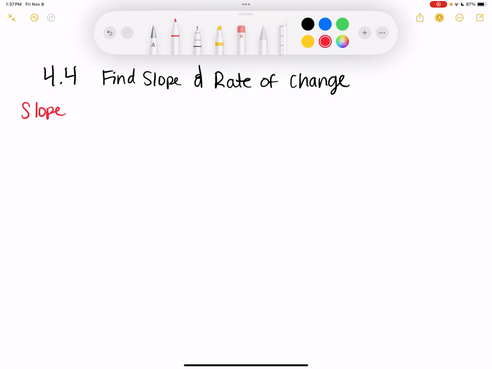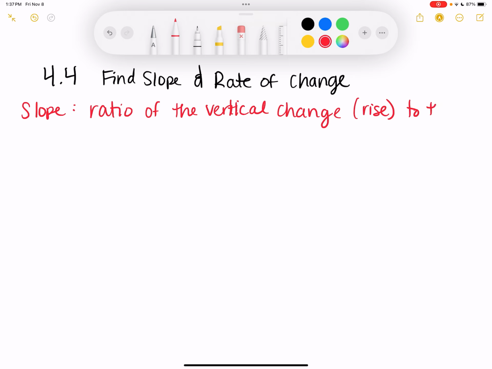All right, slope is the ratio of the vertical change, which is rise, to the horizontal change, which is run.